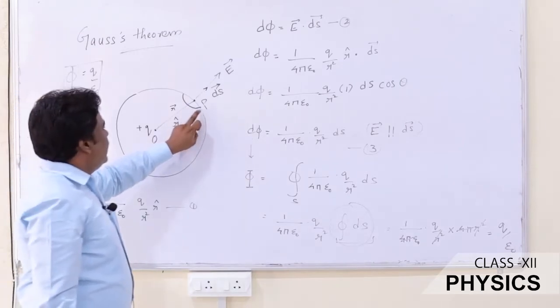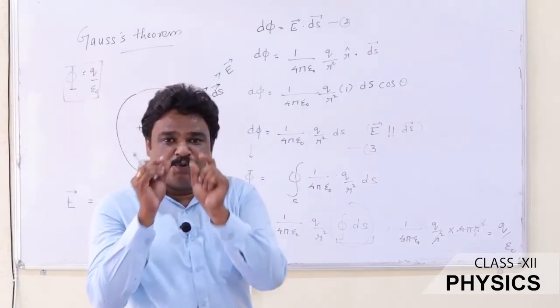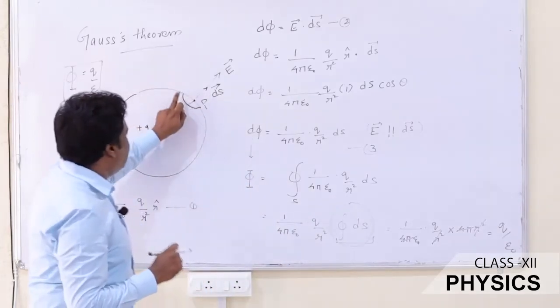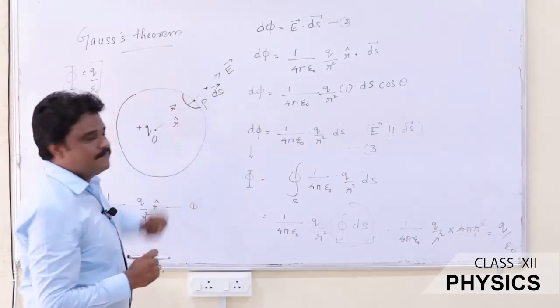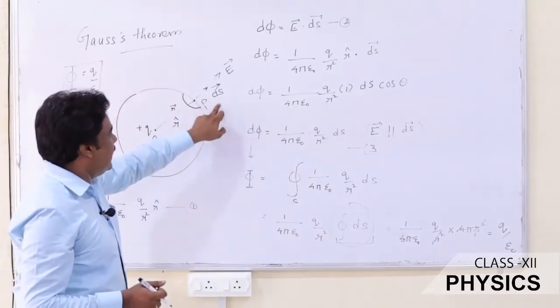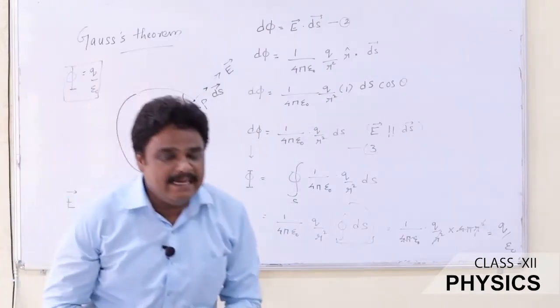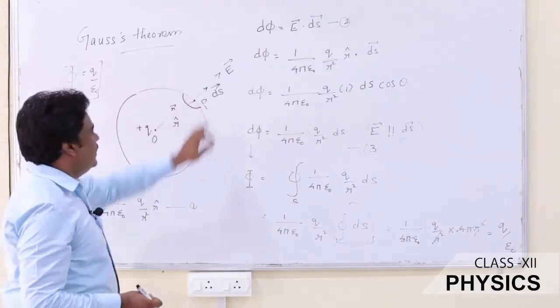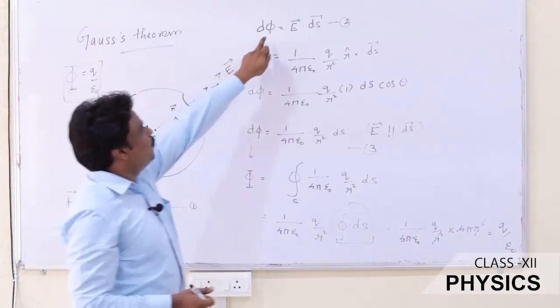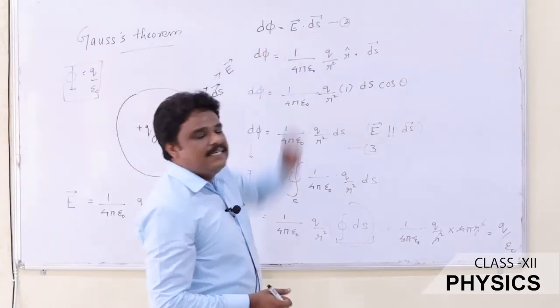Now, in order to find the flux through the entire surface, I am going to assume a small area element, ds, around P such that the area element vector acts along E vector. The small flux linked with the small area is d phi is E vector dot ds vector.